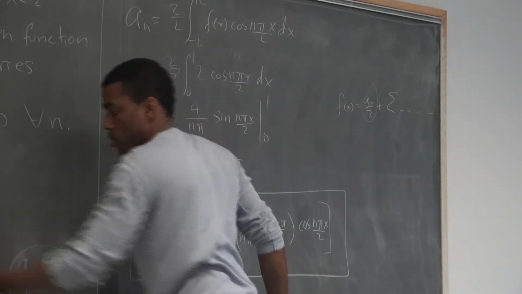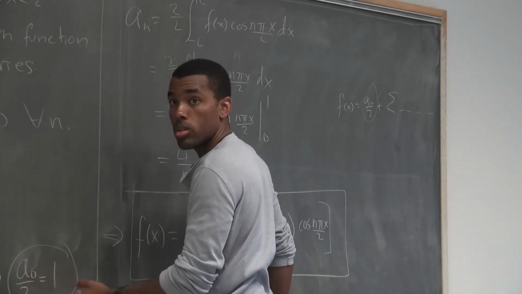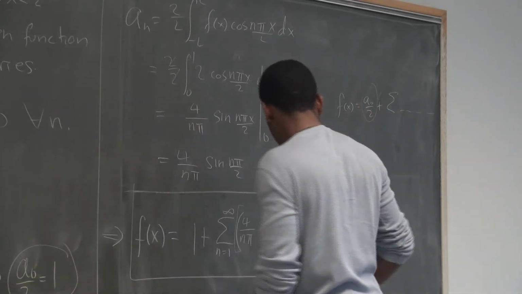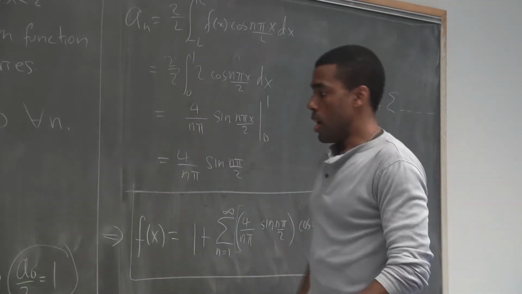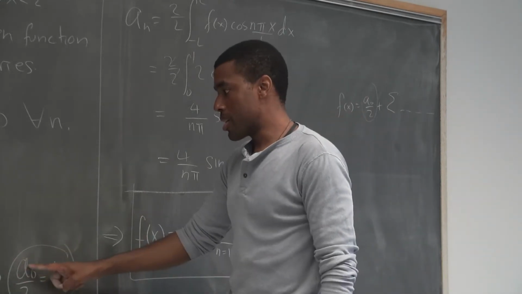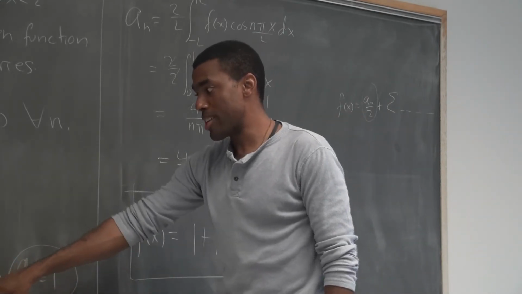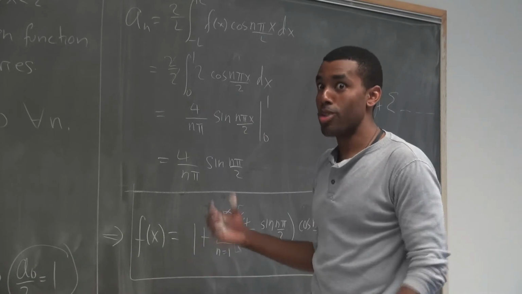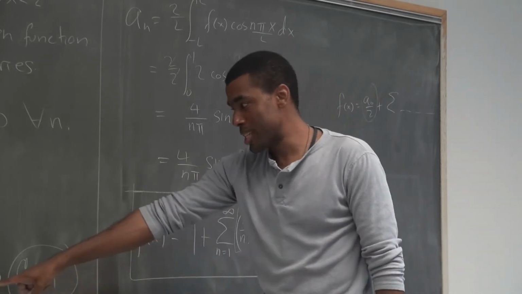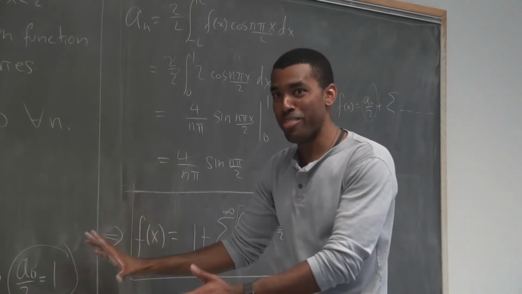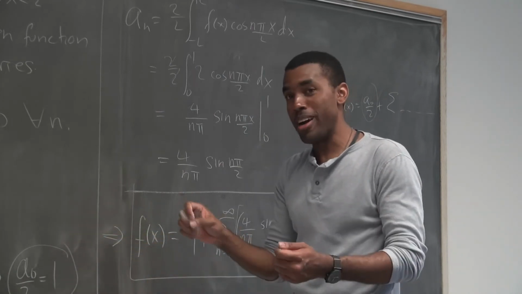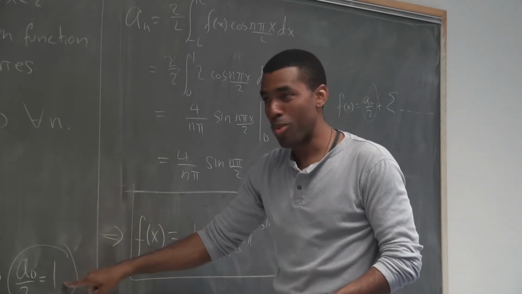Because a0 was 2, so 2 over 2 is 1, I'm just writing that down. I always like to write this down because sometimes students forget, they just write the 2 here. So I always remind myself, I write it down right away, once I find a0 over 2. So I have that and I circle it, so that if I'm in a final, I don't forget that I'm using the 1 and not the 2.